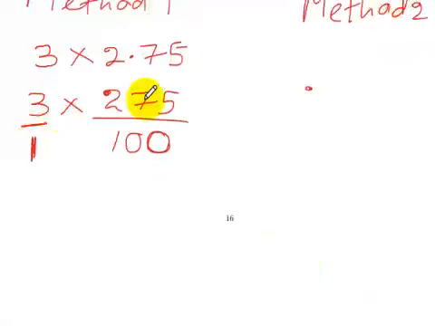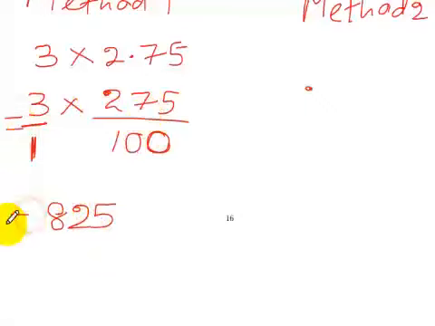You multiply numerator by numerator: 275 multiplied by 3. 3 into 5, 15. 3 into 7, 21 plus 1, 22. 2 remain. 3 into 2, 6 plus 2 is 8. 825. And 1 into 100 is 100.